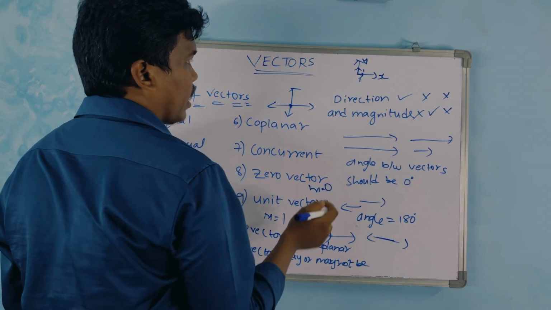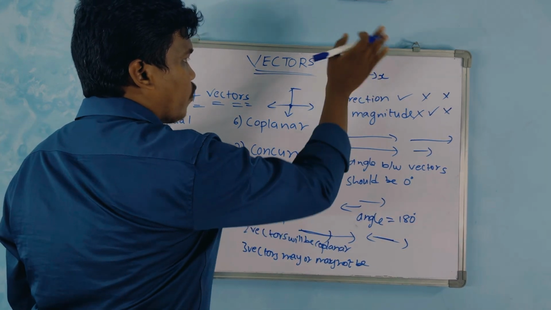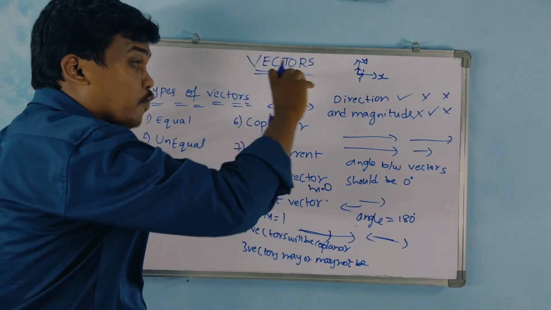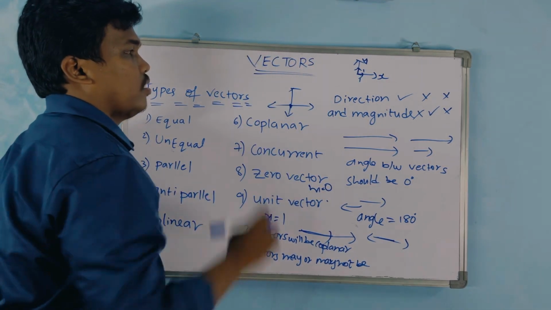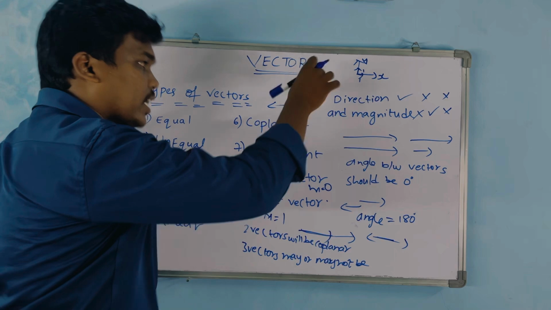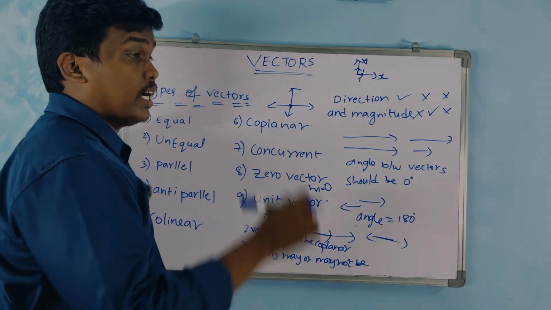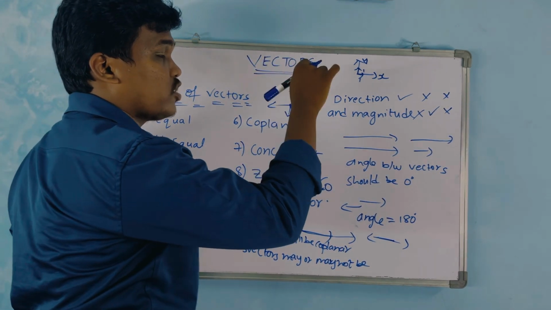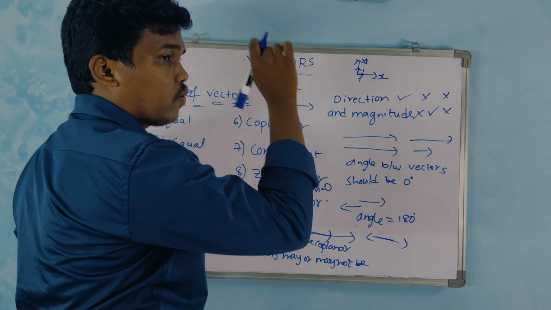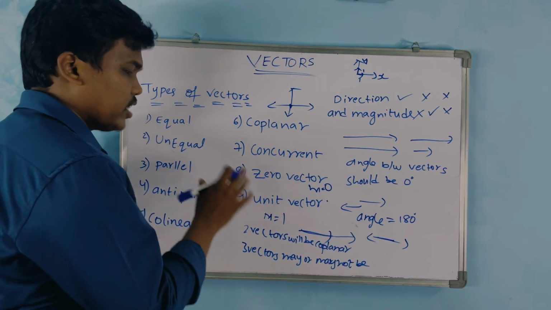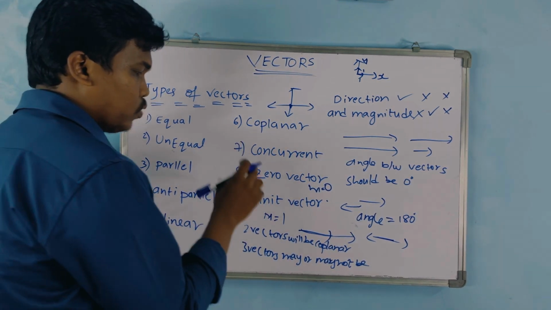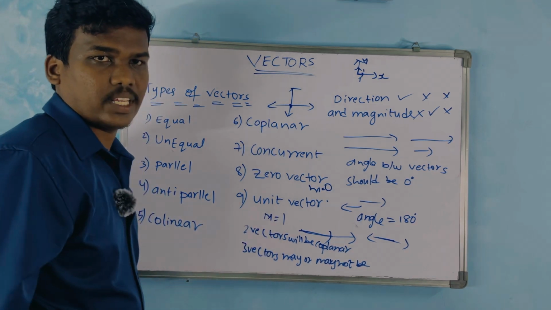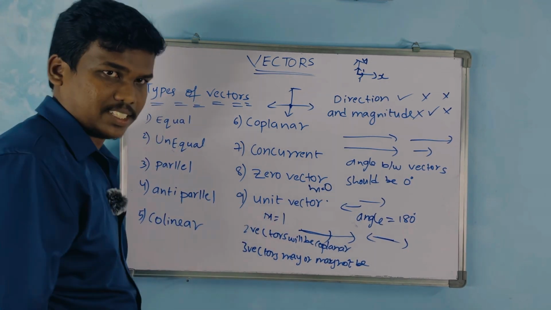This unit vector represents the direction of the y-axis. So, the unit vector's work is to denote or represent the direction of the given quantity. That is the use of unit vector. These are the types of vectors.